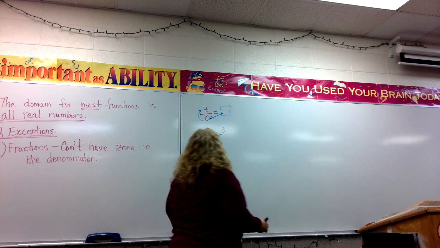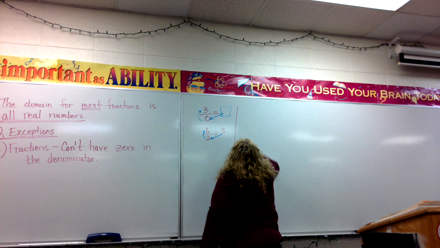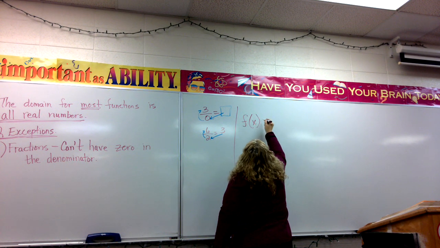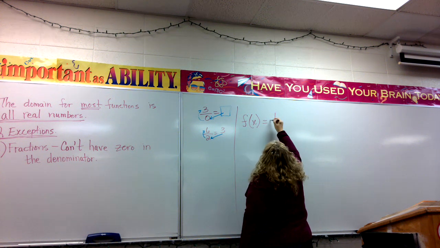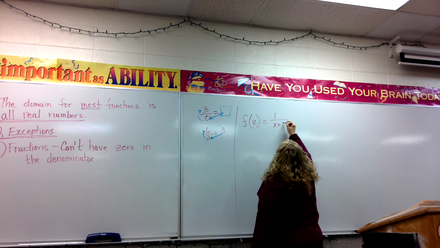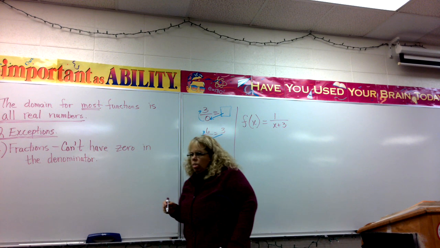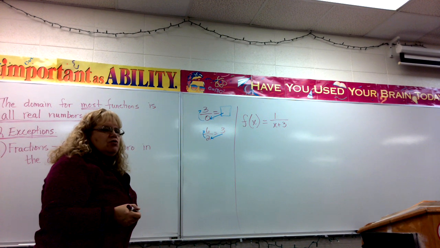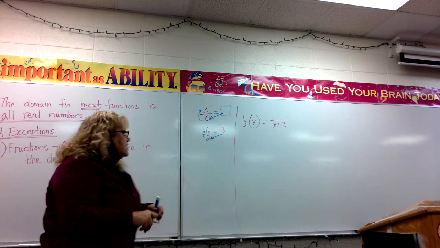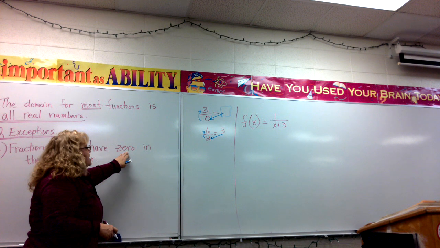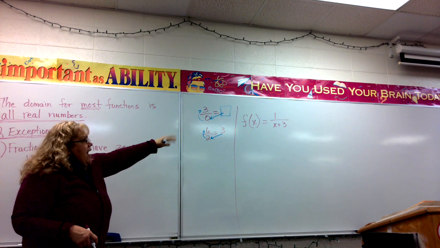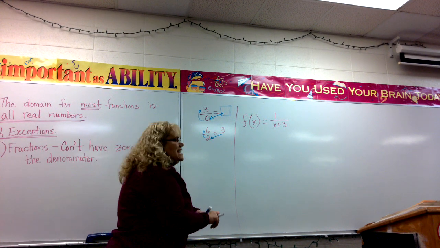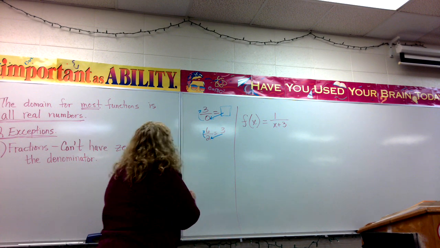So if I ask you, what is the domain of this function? 1 over x plus 3. You have to throw out anything that makes the denominator 0. You can have almost any real number there, except anything that makes the denominator equal to 0.